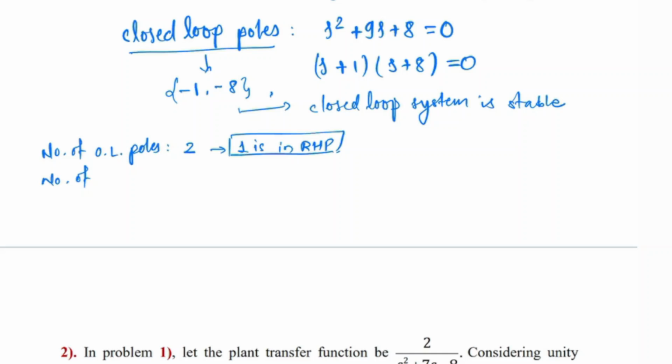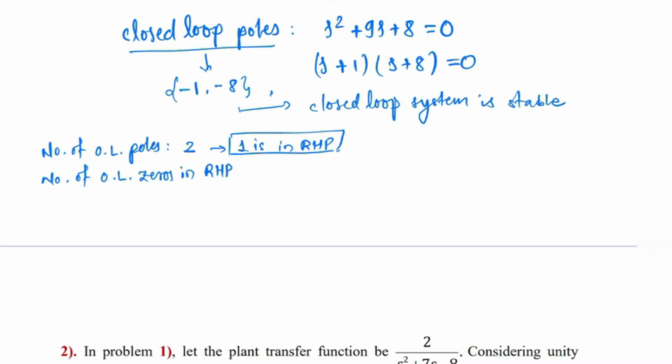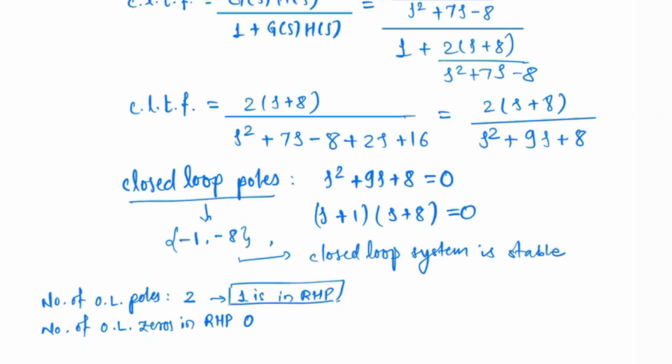And number of open loop zeros in RHP is 0. So s plus 8 equals to 0, so s would be minus 8.